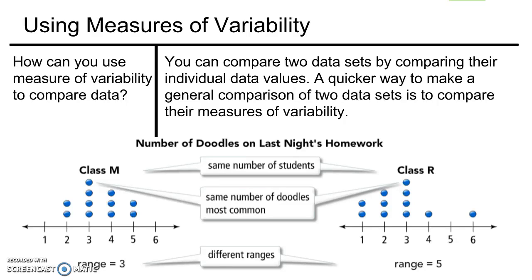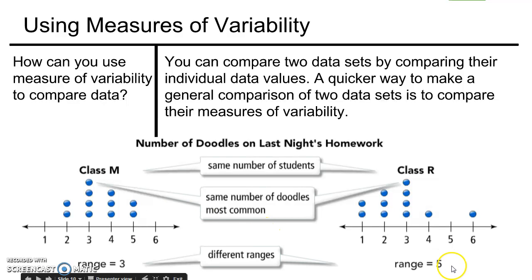Last thing, how can you use measures of variability to compare data? Copy this into your notes. You can compare two data sets by comparing their individual data values. A quicker way to make a general comparison is to compare their measures of variability. So again, measures of variability include the range, the quartiles, the interquartile range.